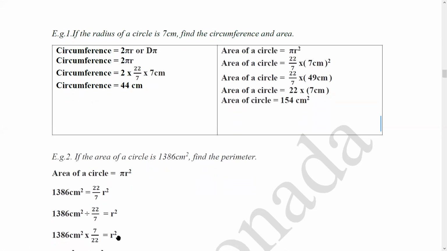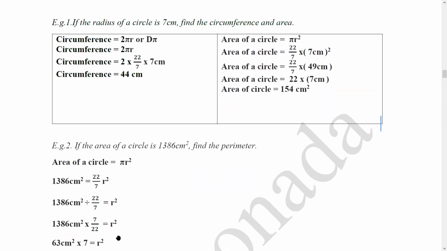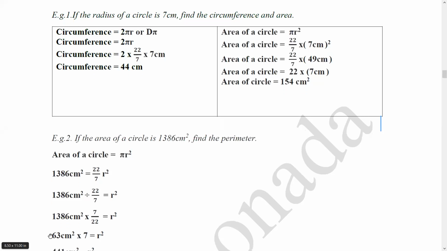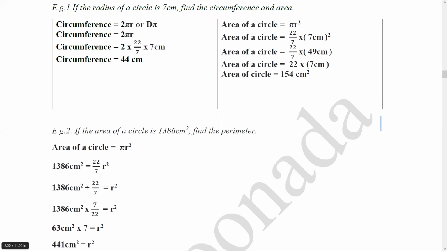So let's work on the left-hand side first. 22 into 1386 is 63 centimeters squared. And of course, 63 centimeters squared multiplied by 7 is 441. Of course, you don't have to do all of these steps. I'm just doing it in great detail so people who are not following could follow. So we do not want to find r squared. We want to find r.